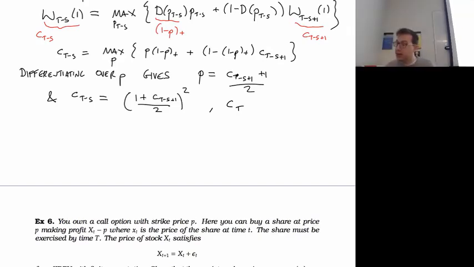So, we can analyze this a little bit further. Firstly, we can notice that it's monotone. I'm just going to draw a quick picture, and then we'll be done. It's always good to draw a picture.